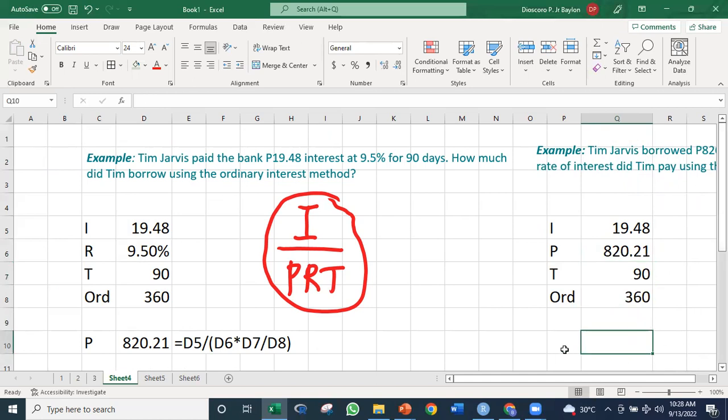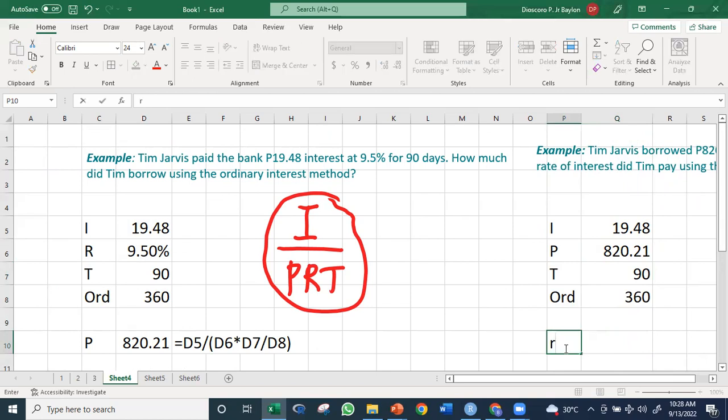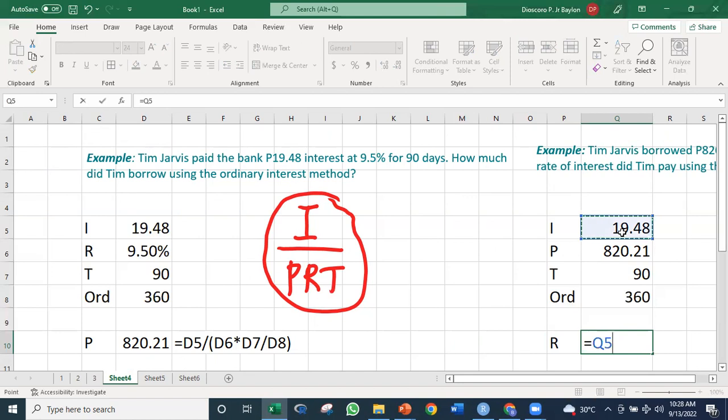All right. So what we're looking for is the rate, and very simple in this mnemonic device, it's I divided by PT. Okay. So that's interest divided by quantity, the principal times the time, which is 90 days, but we have to convert that into year.